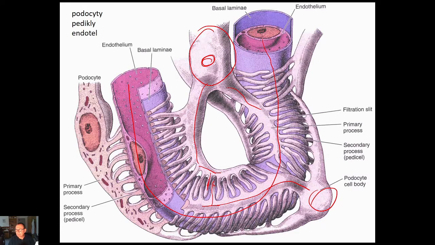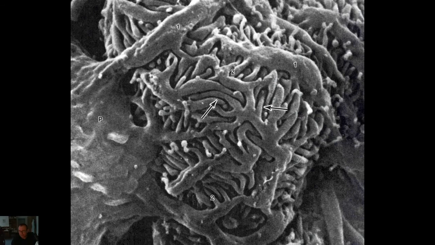Okay, so these are podocytes and their processes at the level of scanning electron microscopy. This is the same but in a photograph. So, body of podocyte, primary process, and secondary processes, pedicels.